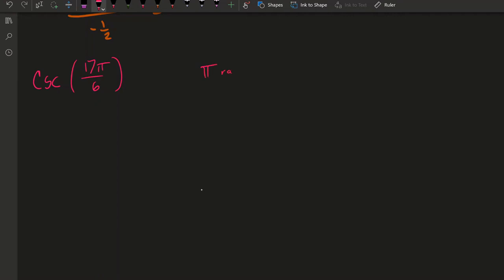Pi radians is 180 degrees. So therefore, pi over 6 radians is 180 divided by 6 degrees. So that would be 30 degrees.